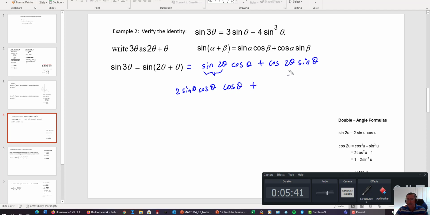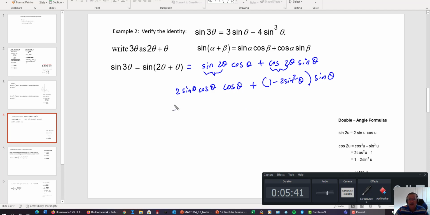over here the cosine of 2u. Now, since I'm trying to get everything in terms of sines here, which of these three do you think I would use? Well, I think it might be advantageous to use this bottom one. So for this one, I'm going to put 1 minus 2 sine squared theta, and then times the sine of theta.